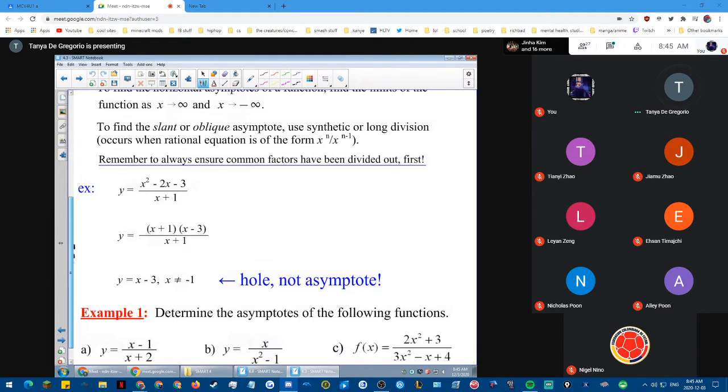Good. Remember to always ensure common factors have been divided out first, because then we know that it's not an asymptote but a hole. If you don't divide out all those factors, you're going to think it's an asymptote, but it's not.